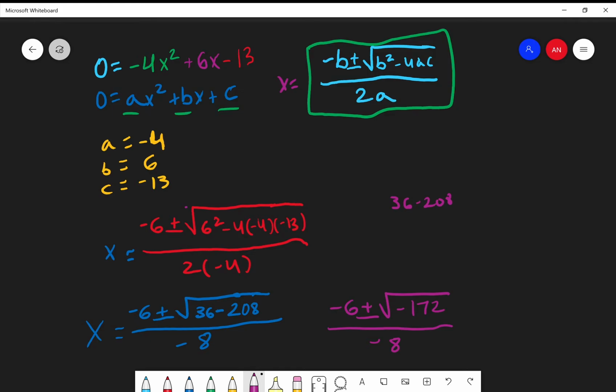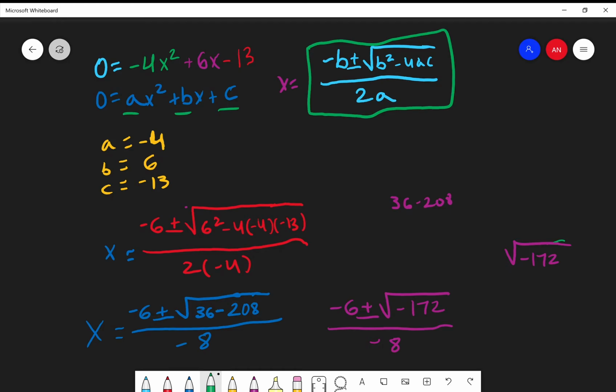So let's simplify this part of the equation, the square root of negative 172. If you're familiar with the imaginary number i, then follow along; if you aren't, just ignore this segment and leave it as the square root of negative 172. So i is the imaginary number, the square root of negative 1, because it doesn't exist as a real number. It's just a variable that represents that.